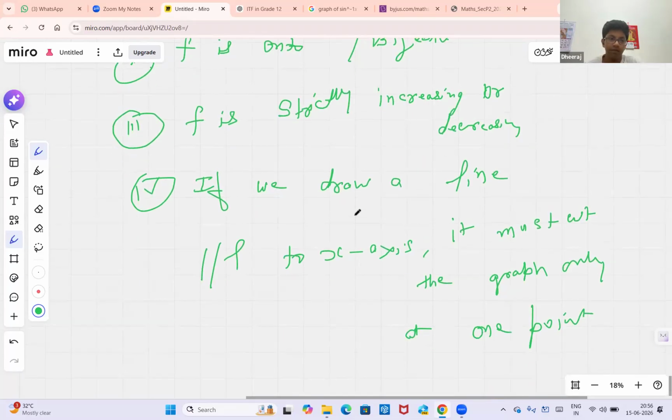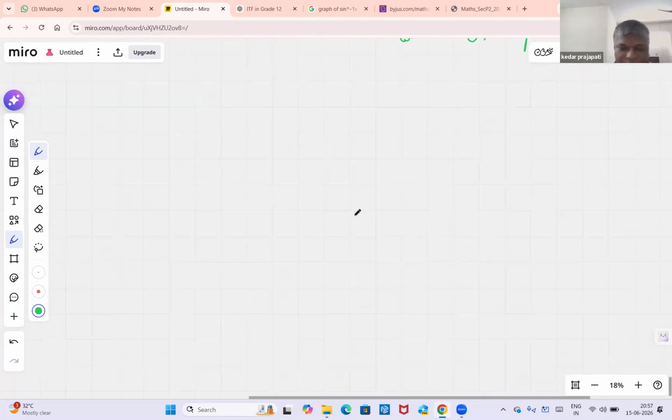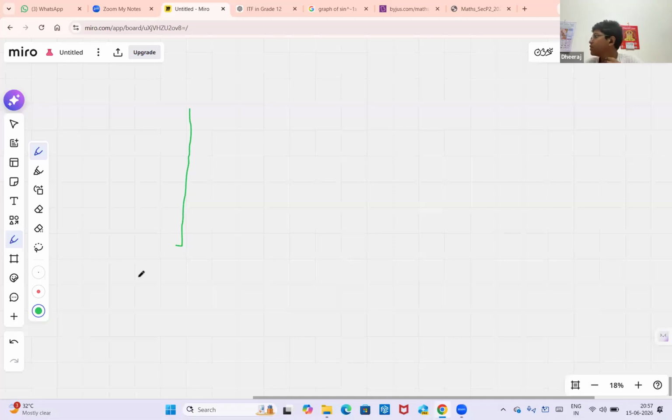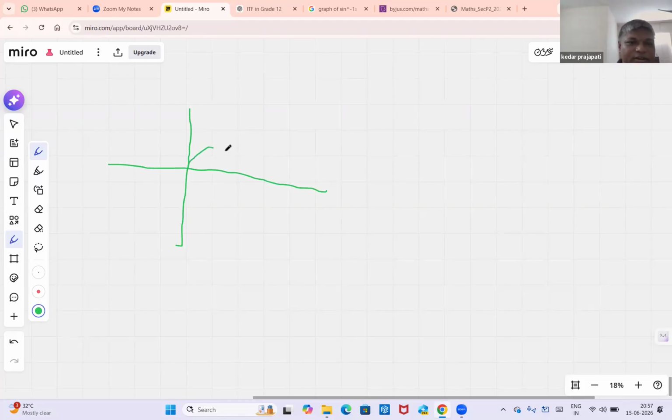Now I'm coming to explain this. So we understood f is one-one and onto. How do we draw a graph, with the x-axis and y-axis like this? Suppose there is a curve going up and down and up.